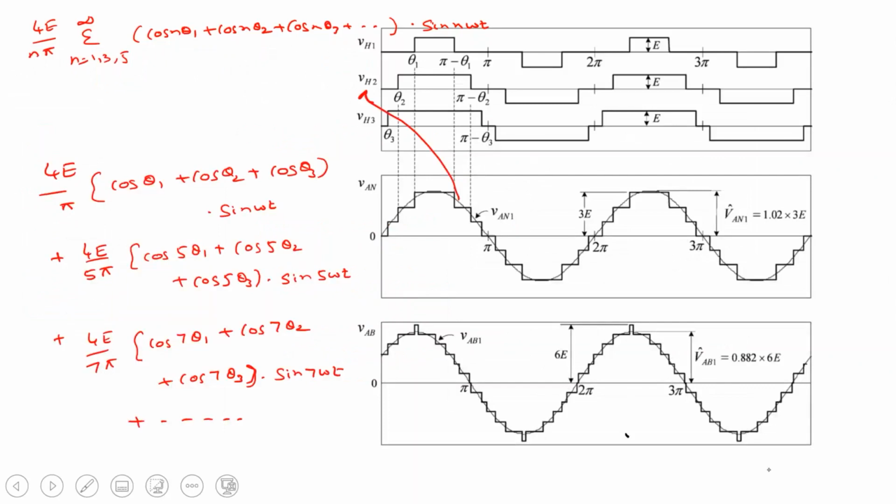So now tell me, what is the next step? So this is fundamentally equal to your VAN, right? This is the fundamental voltage. So that gives you its peak value, right? Agree? So that is giving its peak value.